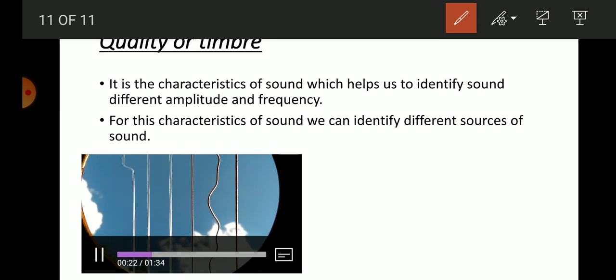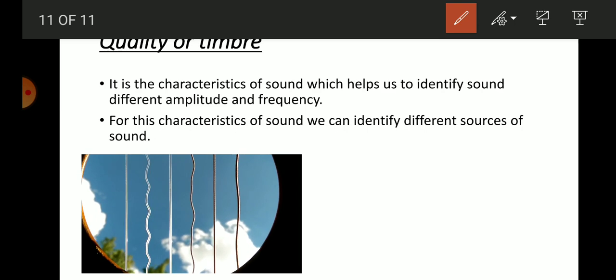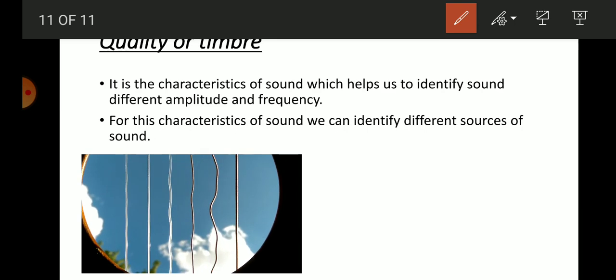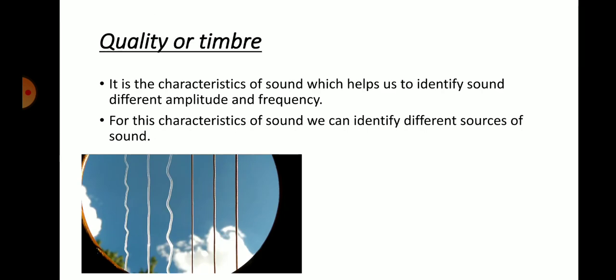You see here, the number of pulses in unit time for different strings is totally different, and the amplitude is also different. So each string produces a different sound. So students, I think it is very clear to you how the characteristics of sound help us to identify different sources of sound.